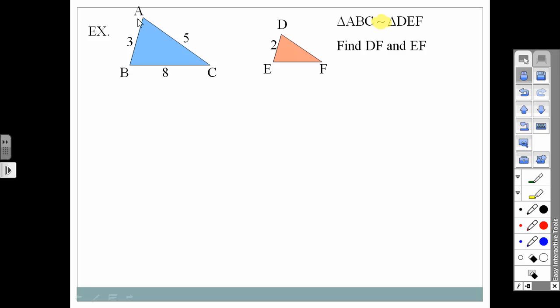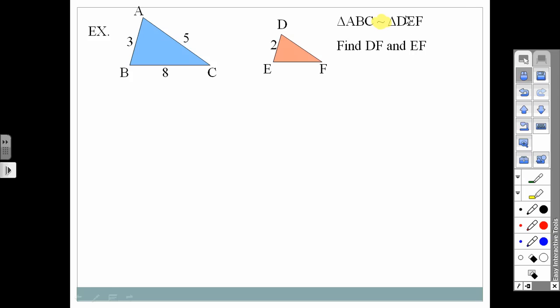Okay, so they told us that triangle ABC is similar to triangle DEF. And it's really important to look at the order of your letters because the letters should match up. So angle A is congruent to angle D, angle B is congruent to angle E, and angle C is congruent to angle F. What that also tells us is that segment AB, because those two are first, corresponds to segment DE.